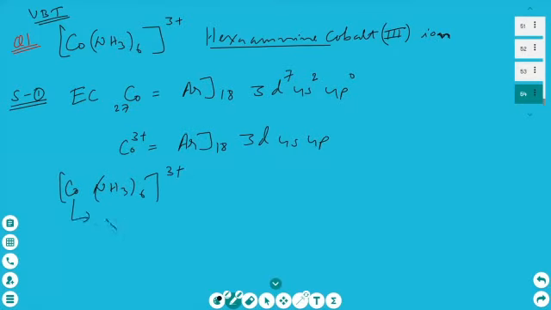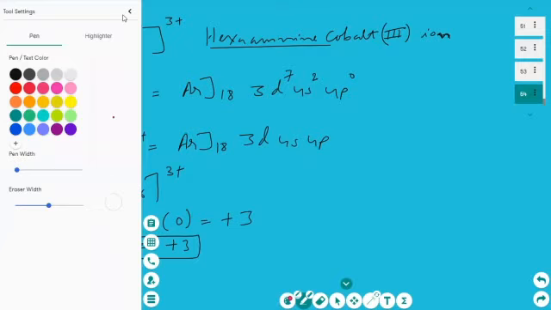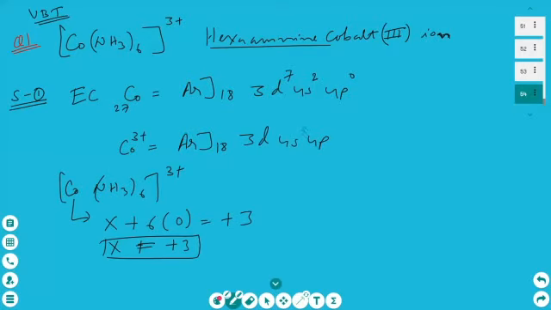Suppose this value I take as X, plus there are 6 ammonia, and ammonia, you know, is a neutral ligand, and this is +3. So X equals +3. So you got it as +3. Now when it is in +3 oxidation state, you have to remove 3 electrons. Since 4s is outermost, 2 will go from here and 1 will go from here. You will get 6 here. So 3d6 and 4s0 you will get.